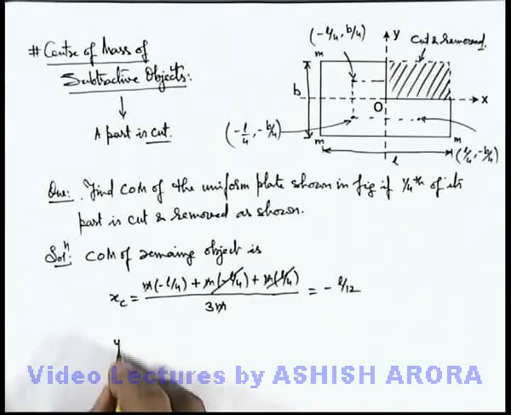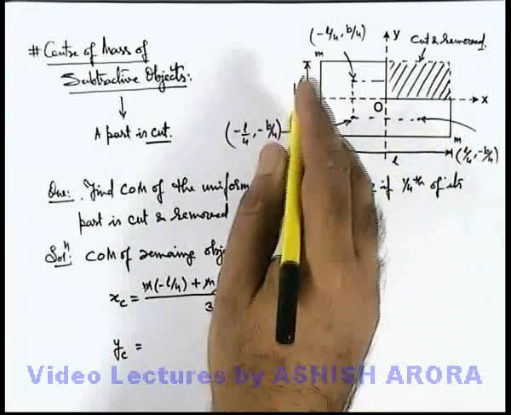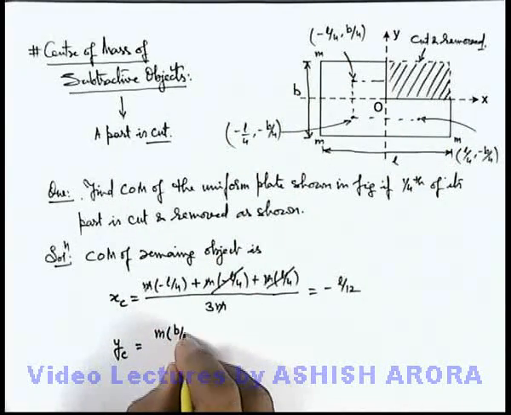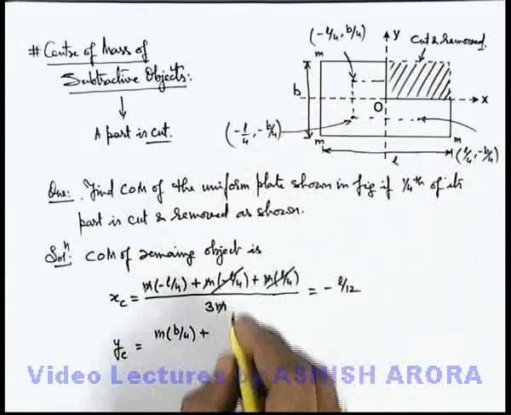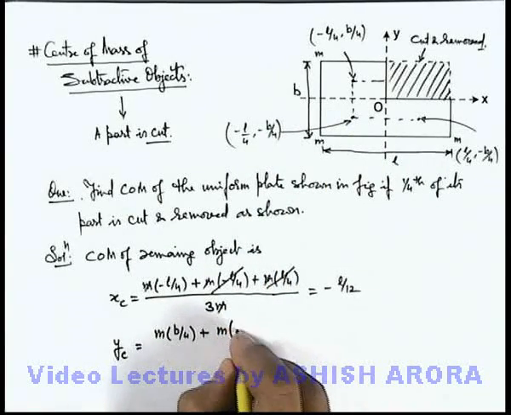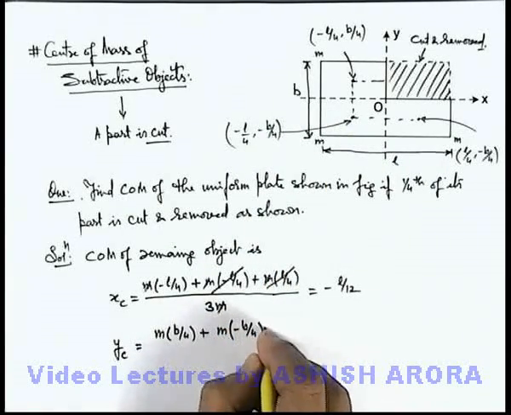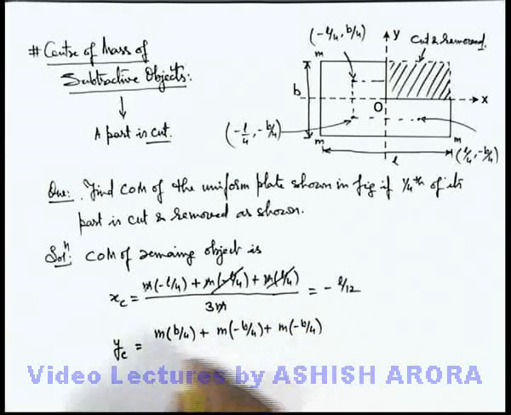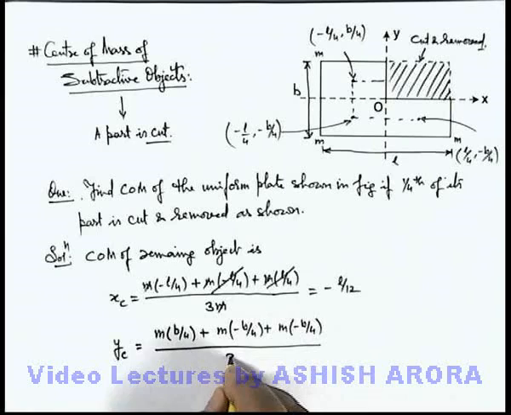Now similarly we can find out the y coordinate of center of mass. For individual we can write m multiplied by, for this it is b by 4 plus for this also m into minus b by 4 plus this m multiplied by minus b by 4 divided by 3m.